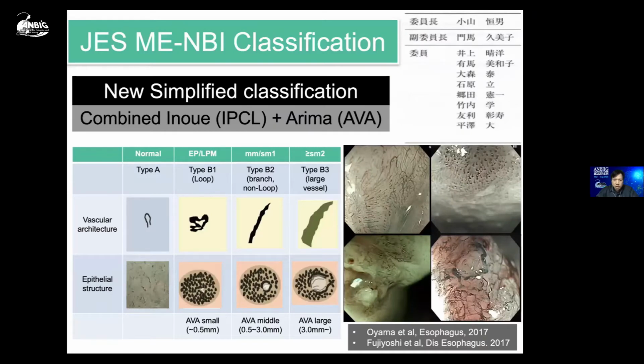Using the new simplified classification for the IPCL and the avascular area, we could define the vascular change and the tumor depth of invasion.